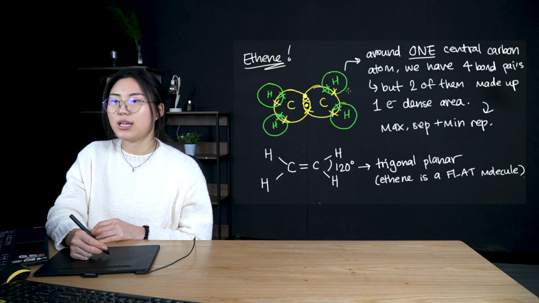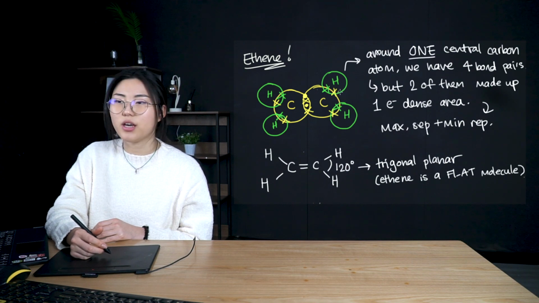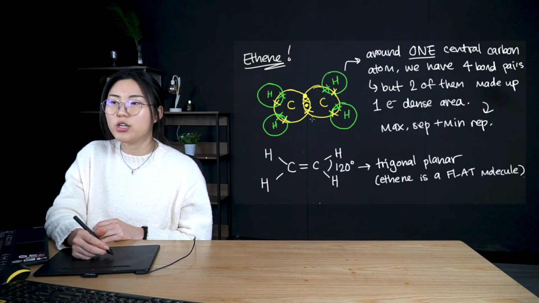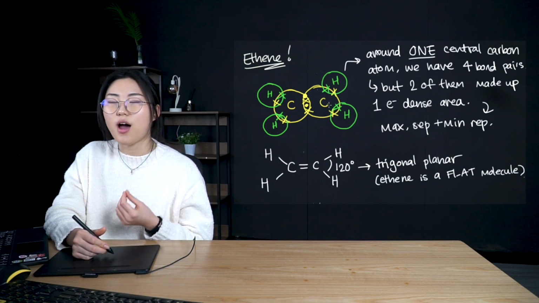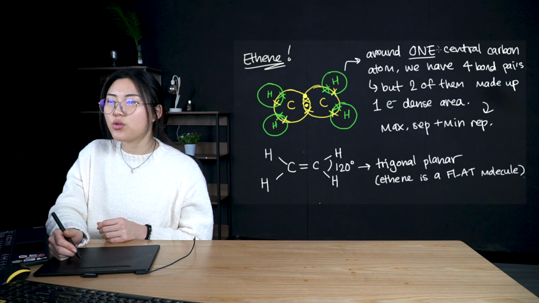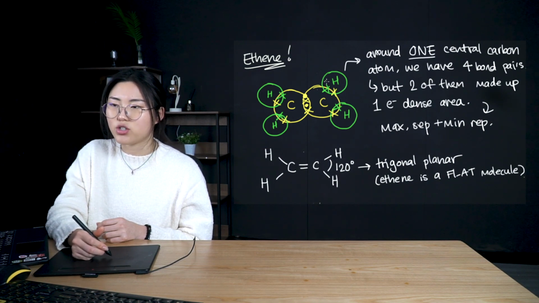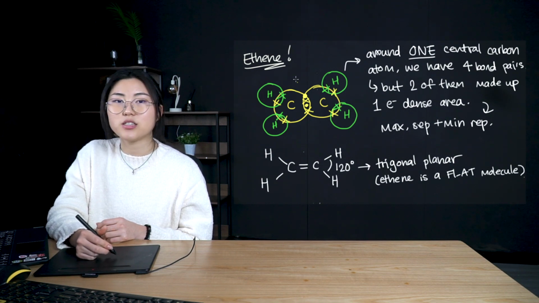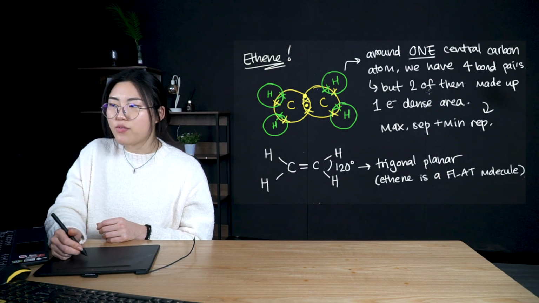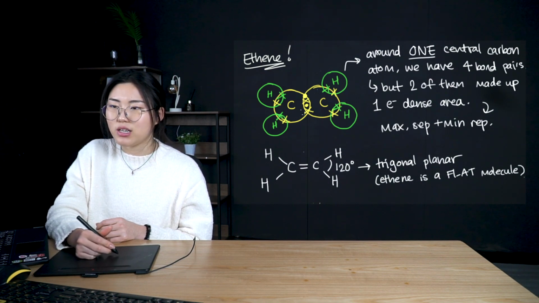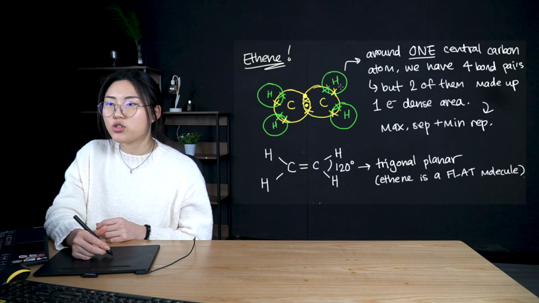This time we have ethene. Over here, we have many atoms bonded together, but we're going to count one of the carbon atoms as our central atom. Around one central carbon atom, we have 4 bond pairs. One with hydrogen, another one with hydrogen, and we have 2 between the carbons because ethene has a double bond. So those 2 make up 1 electron dense area, and the other two make 1 electron dense area each.